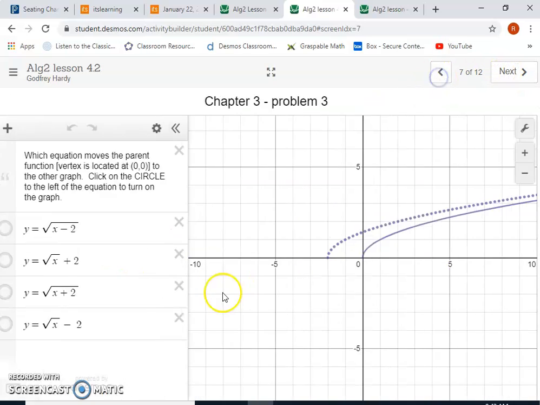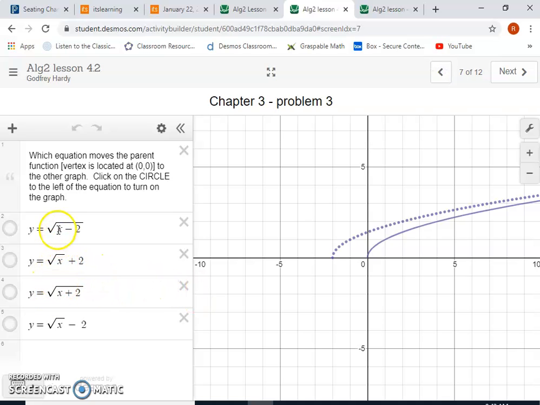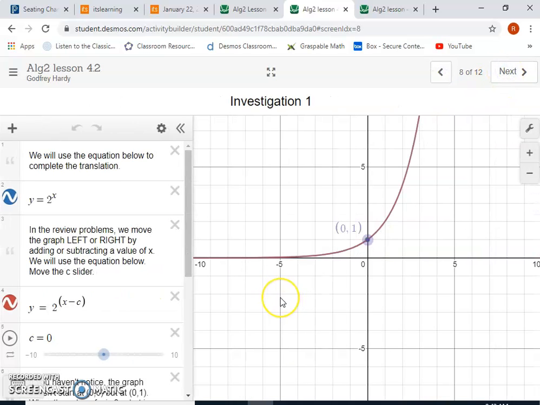Different than the square root function where the x is underneath the square root, with an exponential, the x is with the exponent, and so you're moving the c slider to see how the graph is changed. I'm going to kind of demonstrate this. The one thing you need to understand is that the point that's actually moving is the 0, 1 point, and it's the one that's being slid left and right.